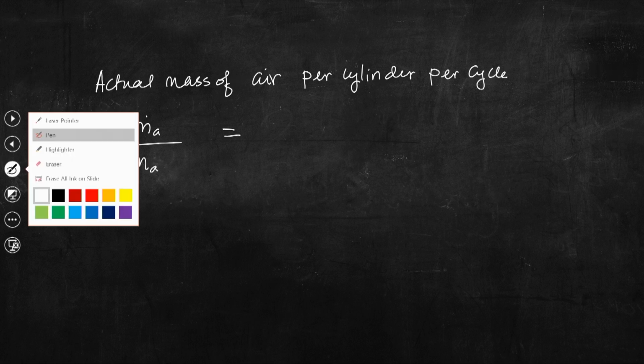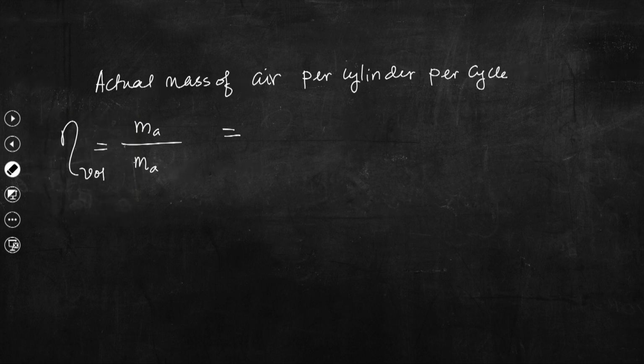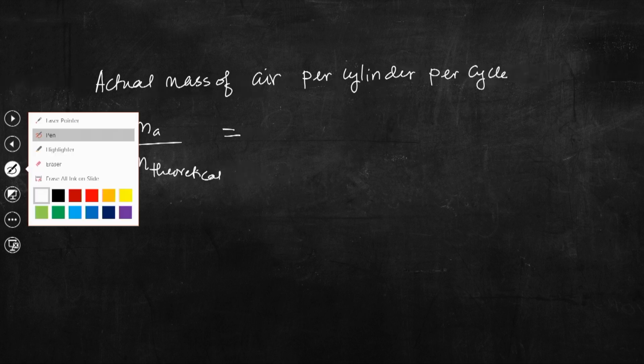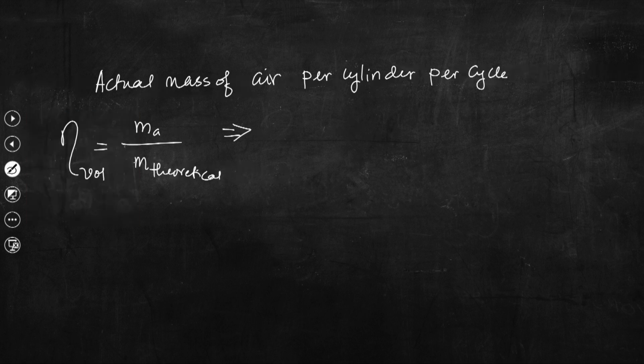So, this is the volumetric efficiency, and this is the theoretically calculated mass. From there we can calculate that m actual equals eta volumetric times m theoretical.